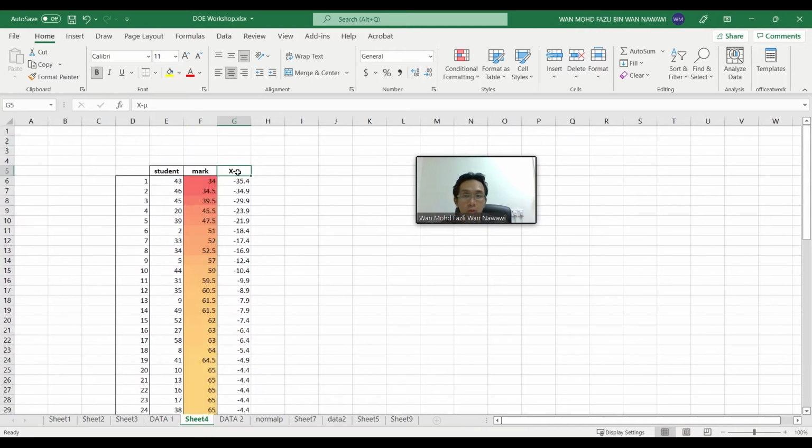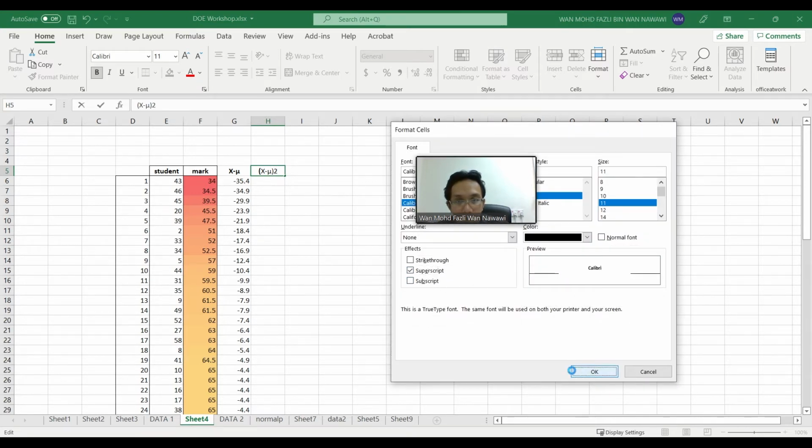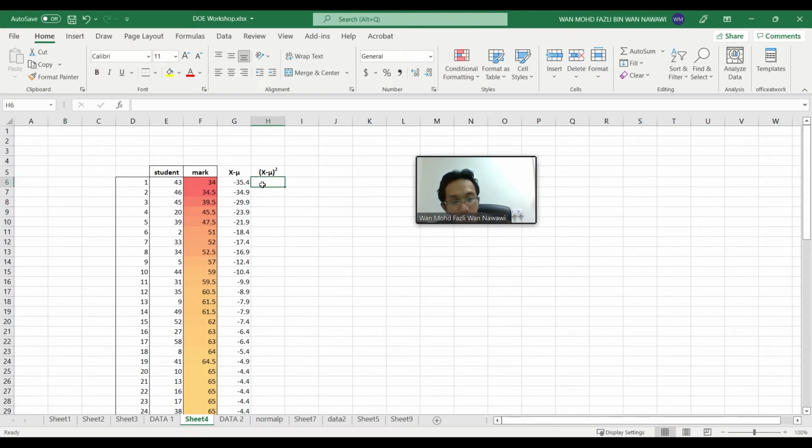Let me copy this, Ctrl C, Ctrl V, and then I square it, put superscript 2. So basically you square each deviation.